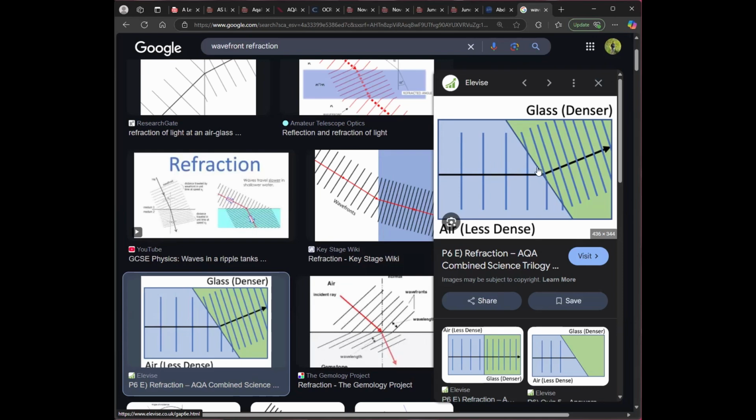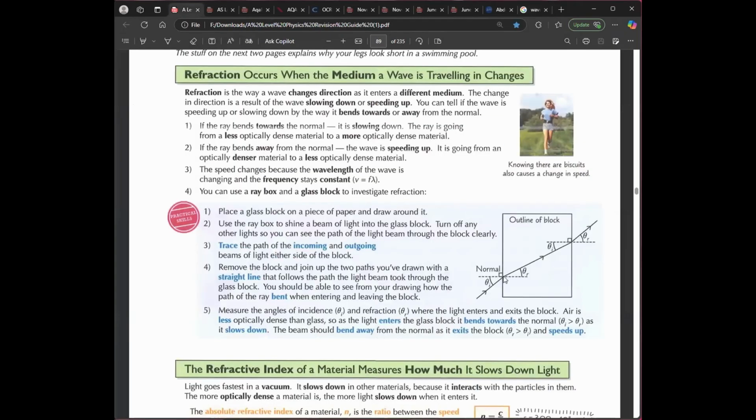What happens is that this part of the wave goes into the water first. Now it becomes slower compared to the part of the wave that is outside water. So now if the part that goes inside becomes slower than the part that is outside, there's a turn in the wave. And when there's a turn in the wave, it just turns towards the normal.